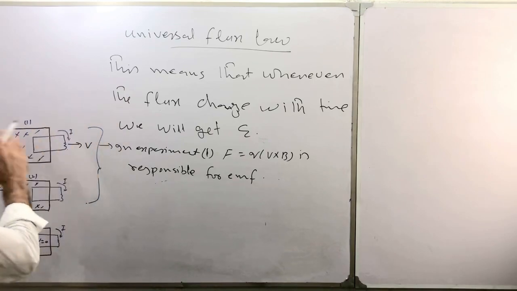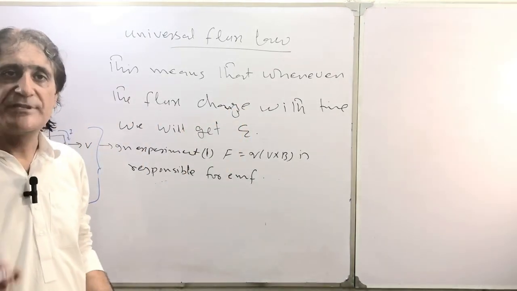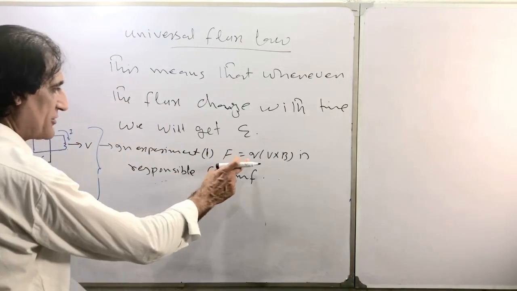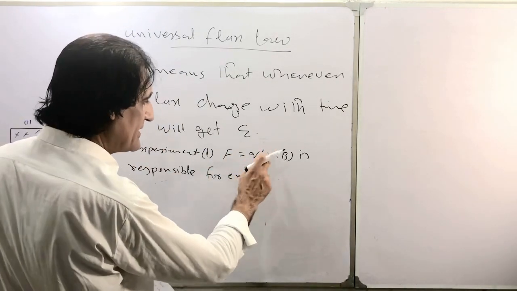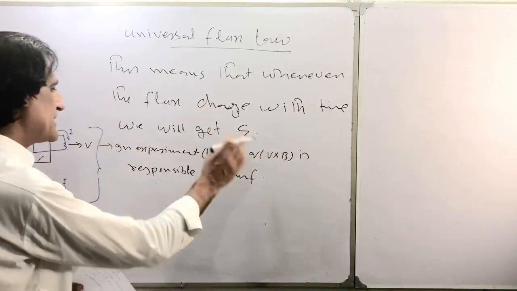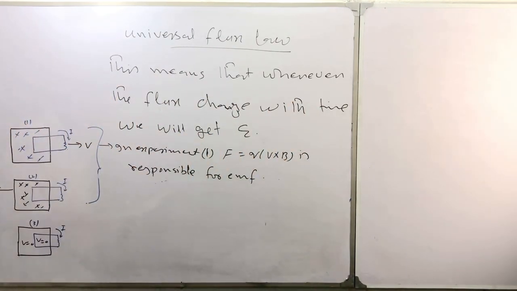If it moves, the charge will also move. So this is a motional EMF. And this force, because the charge has some velocity in the magnetic field, is responsible for the EMF.